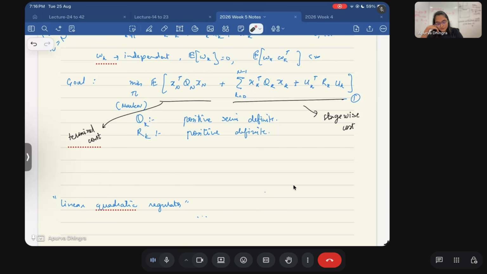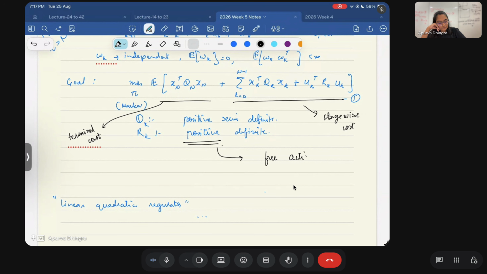Now another thing, why is this positive definite? Notice where exactly this is showing up. This is showing up in the term with the actions. So we basically don't want any particular action to have no appearance in the cost. Like, we don't want free actions.